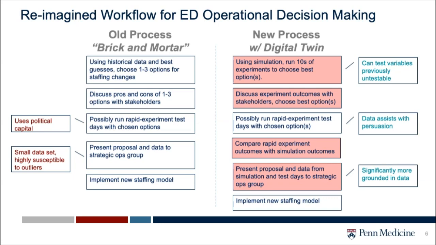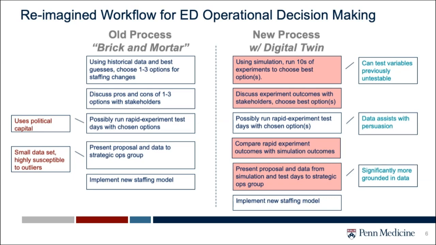In this project, we did do some early observation of the actual ED flow and used that to define our problem space and the areas we thought were most ripe for improvement. But what we're really looking at here, the process we're trying to improve, is the decision-making process. That's a little different from the digital twin versus other projects that we do, where we're trying to identify specific patients, as Corey mentioned.